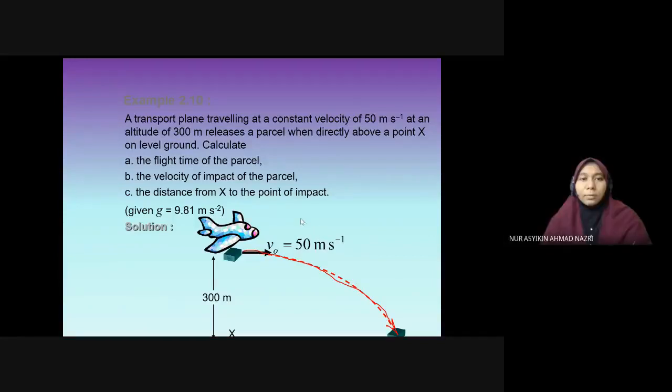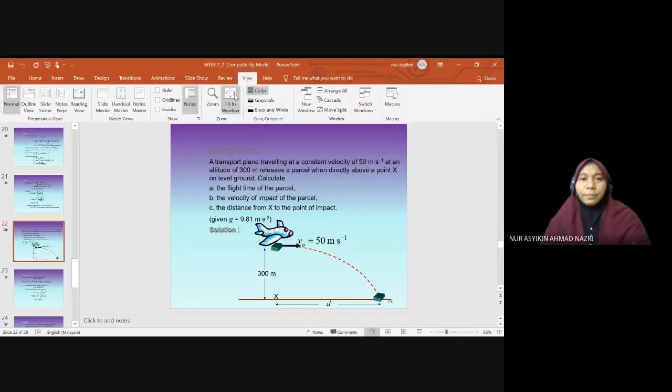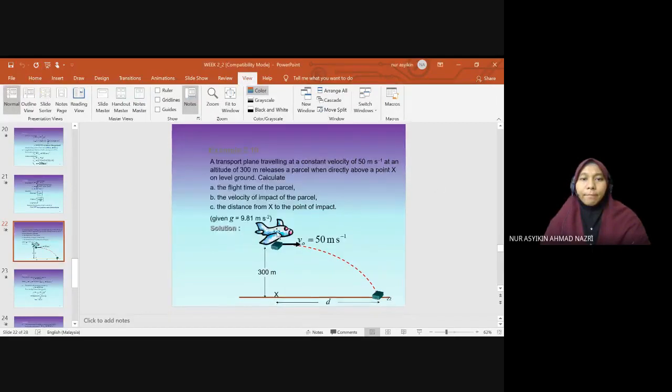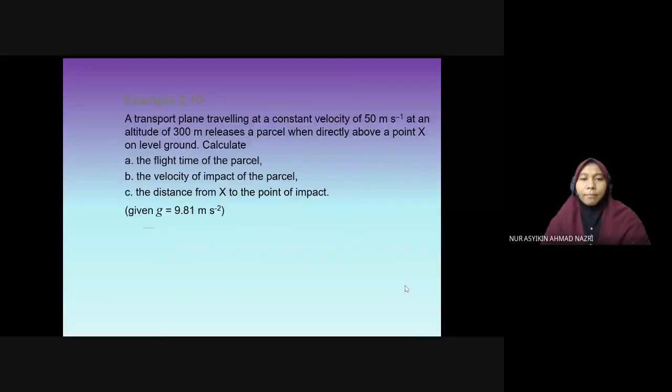Sekejap. Ni dah besar dah. Kenapa ya? Kau view ke? Okey tak?